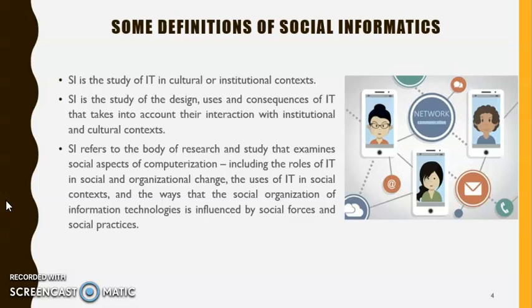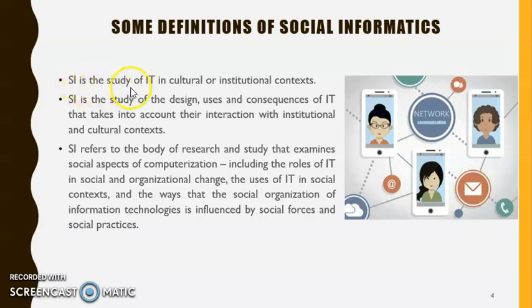Okay, about the definition of social informatics, according to the literature, we have this. First, we go with this. SI, that is social informatics, is the study of IT, meaning the systems that create, process, store, retrieve, and exchange data or information.